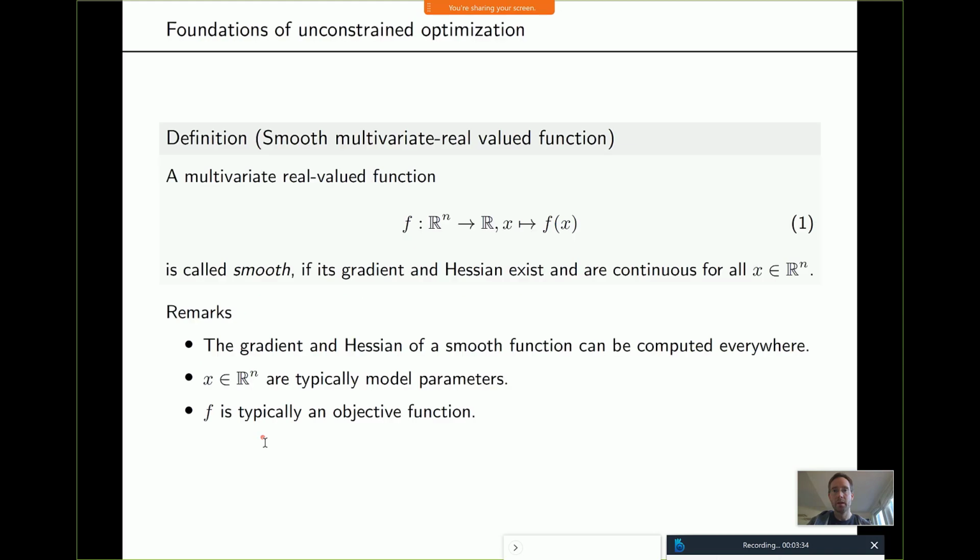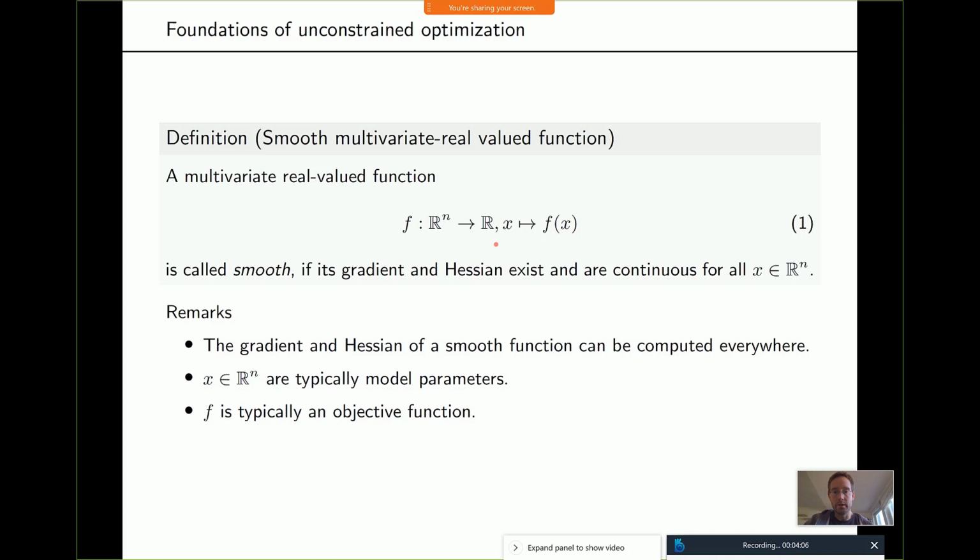What we've seen also last time is that the main objective function that we are dealing with is of multivariate real-valued form. So it takes in n-dimensional vectors and returns a single scalar value. The single scalar value is then, however you want to call it, the loss value, the cost value that you're trying to minimize, or if you're doing maximum likelihood, the log likelihood value that you're trying to maximize.